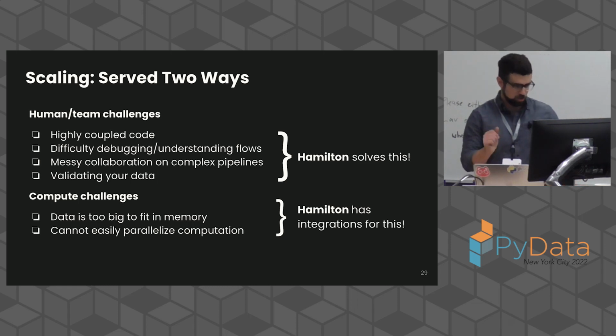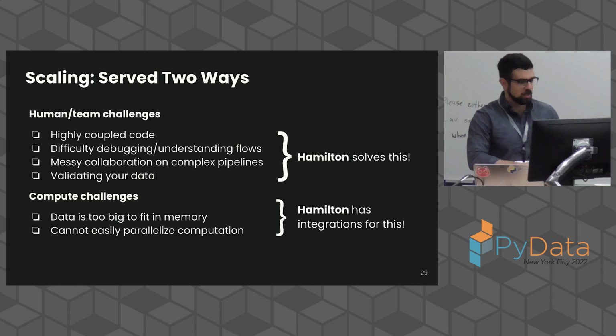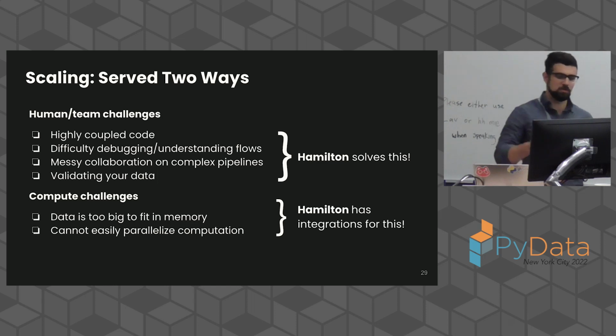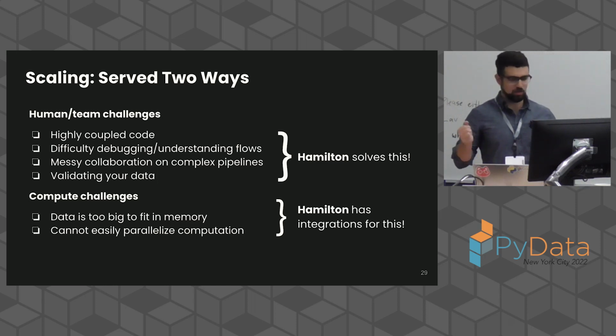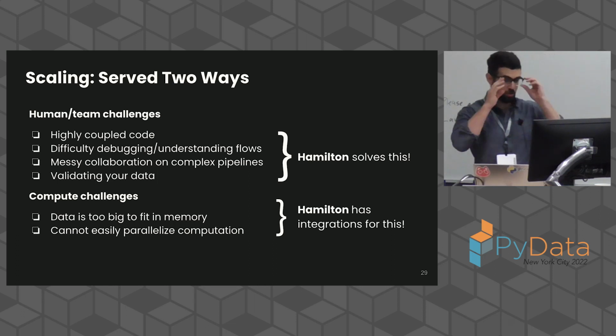So Hamilton is meant to solve this specifically. This is handling highly coupled code, difficulty debugging and understanding data flows, messy collaboration on complex pipelines, and validating your data. Hamilton was built specifically to solve this problem. But obviously there are the compute challenges. Not everybody has small data that they can run on their laptop. So data is too big to fit in memory, or they have a bunch of parallel computations they want to use, and Hamilton's not going to leave you out to dry there.